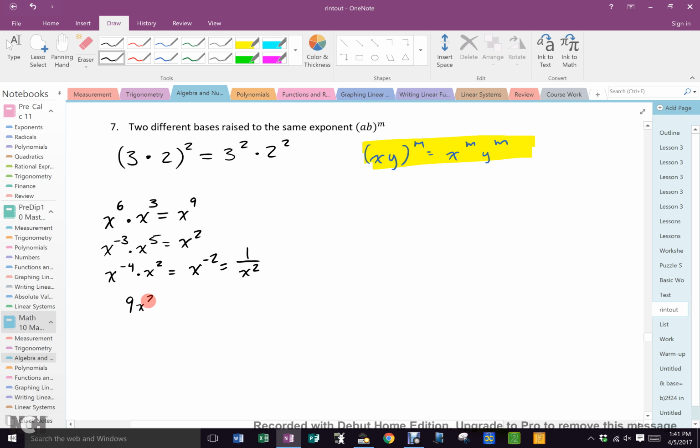9x squared times 2x squared. I haven't shown you this. I'm seeing if you can put it together. Who has a guess? What is it, Sean? 72x. Why 72? Where are you getting the 72?